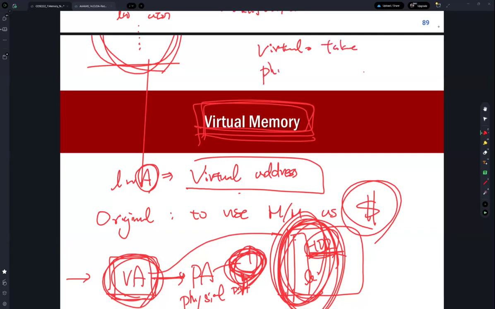And physical represents the real, okay? The real memory size is very small. So in order to access the data in this real memory, the virtual address needs to be translated into the physical address, right?